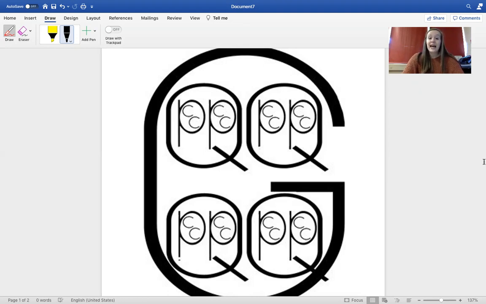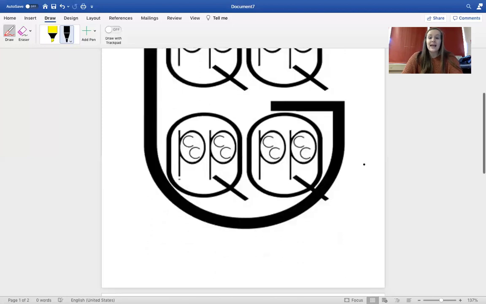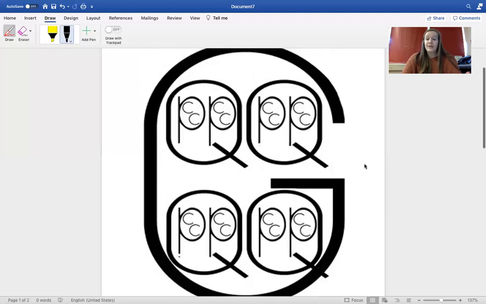Then if we look at cups, there are 2 cups inside a pint. There are 4 cups in a quart, which means that there are 16 cups in a gallon. And something that is not on this picture is that there are 8 ounces in 1 cup.